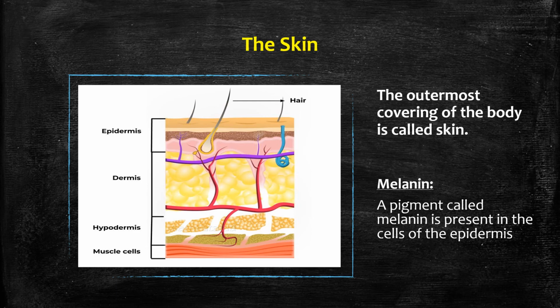Below this epidermis, there is one more layer which is called as dermis. It is made up of network of blood vessels and nerve fibers, which maintains normal body temperature. Below this dermis layer, there are hypodermis and muscle cells.